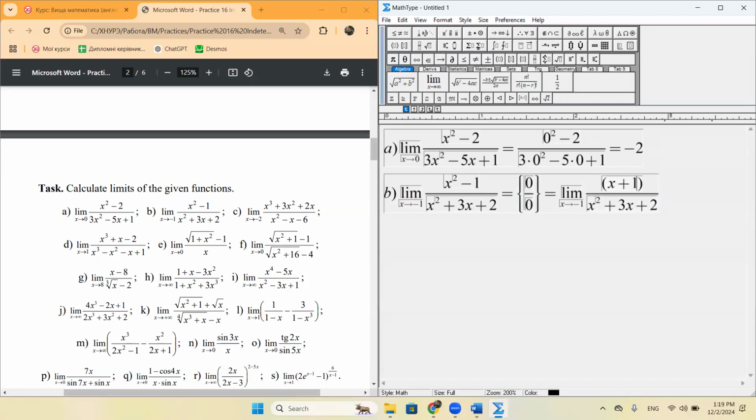So factorizing the numerator, what do we have? And the denominator, so let's find the roots of the square equation.